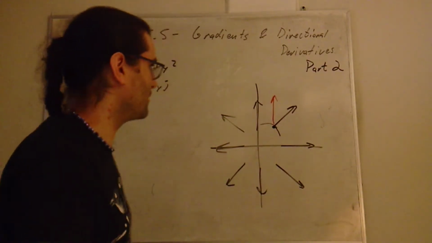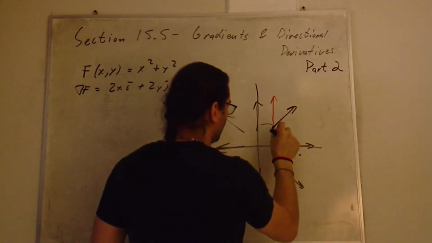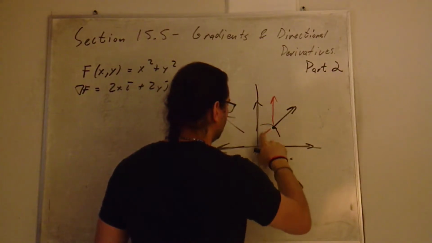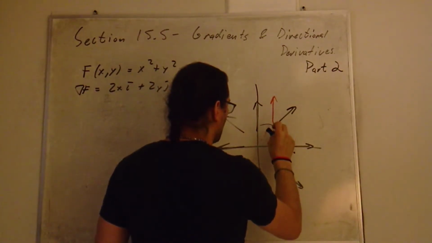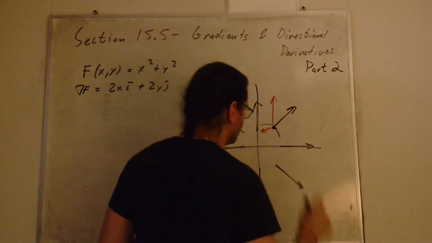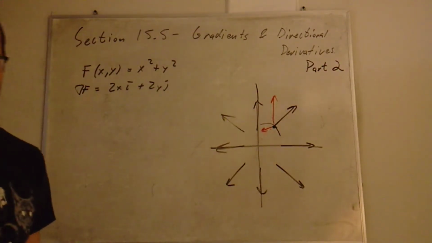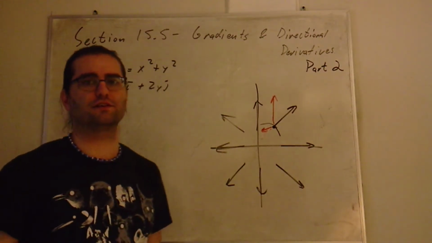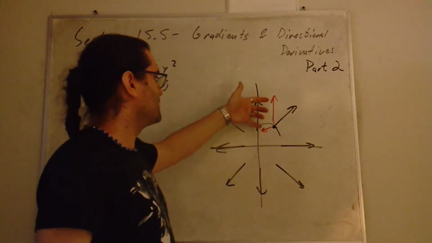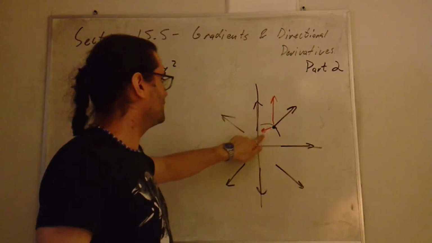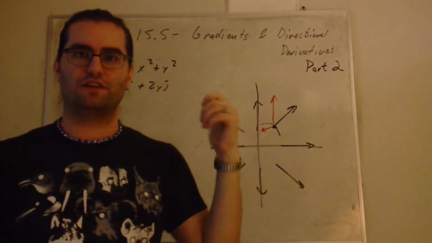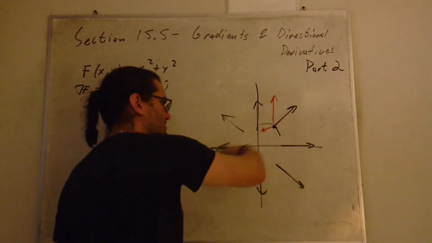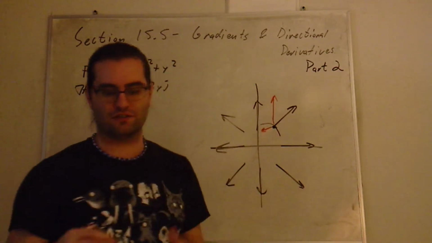Or what if I want to go vaguely west by southwest? Not straight into the center, but kind of crooked off into the center. The question becomes, how steep of an ascent or descent would I get moving in this direction from this point across this surface?